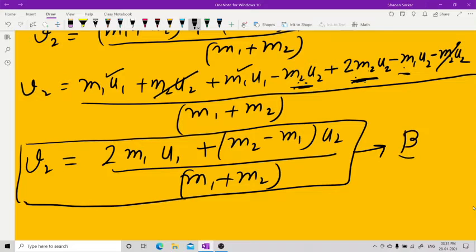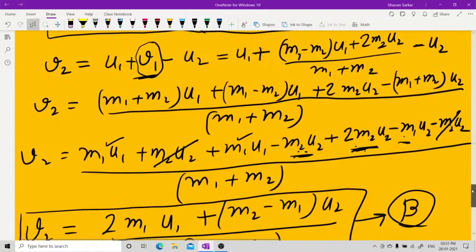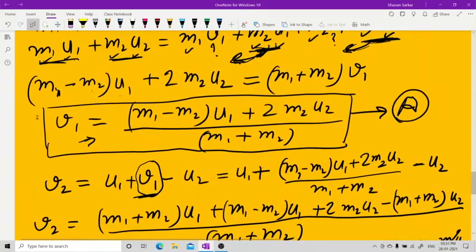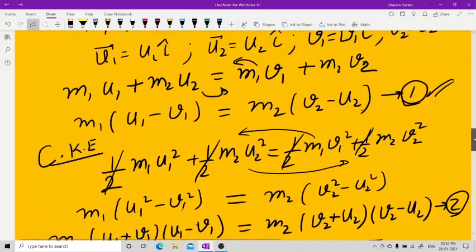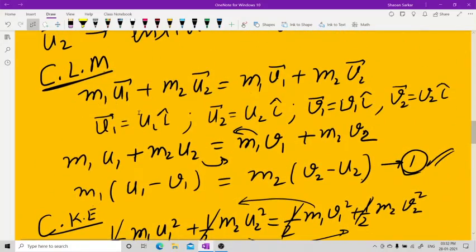Now the point is, why I use these vector signs. Now suppose they want it in vector form. What you do, you first get this v2. If they ask in vector form, first get this v2, and getting v2 means v1 will also come out. Now pick up those two values and just place them here in place of this. This is u1, just a minute, this is u1, this is 1, this is 1, this is 2, this is 2, and this is 1.